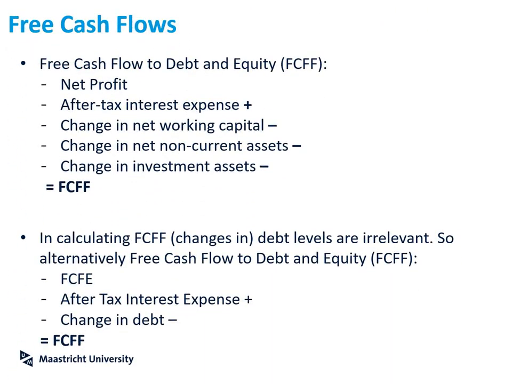And just as we can calculate the free cash flow to the shareholders, we can also calculate the free cash flow to the firm. And basically that will be the free cash flow to debt holders as well as shareholders. And given that we're now looking at the free cash flow to debt holders and shareholders, we don't see this debt adjustment anymore.